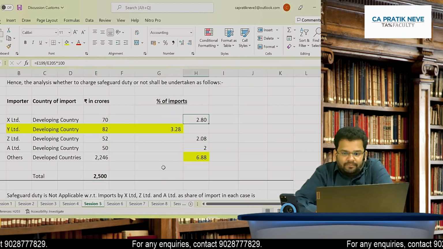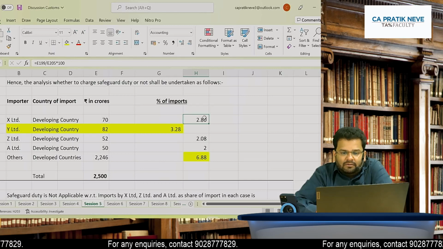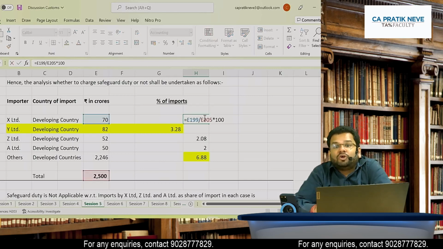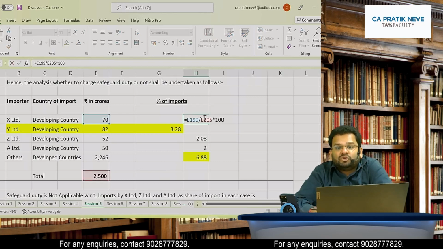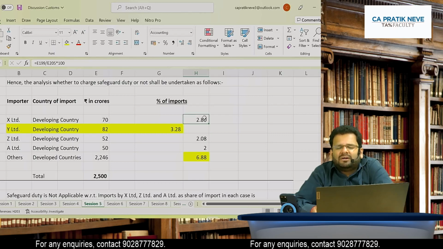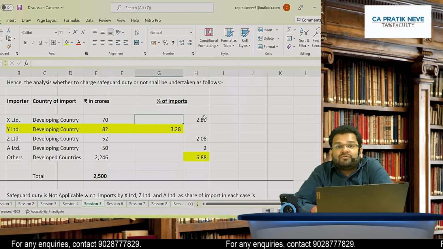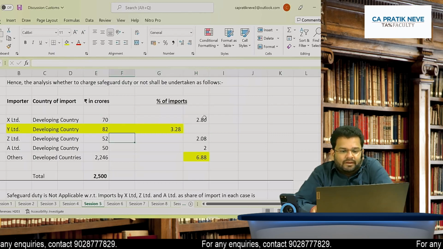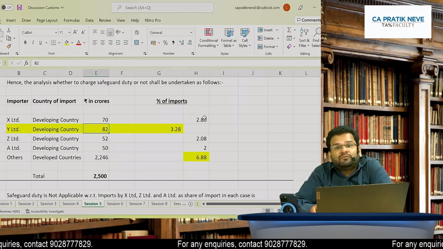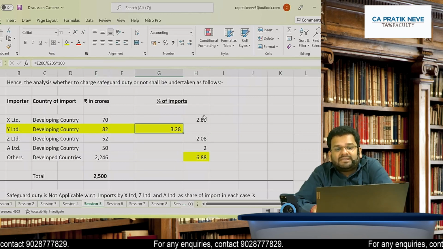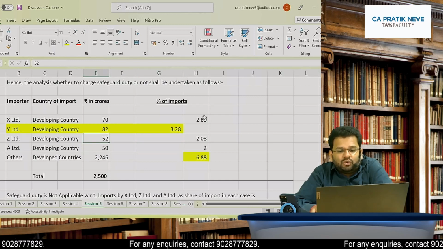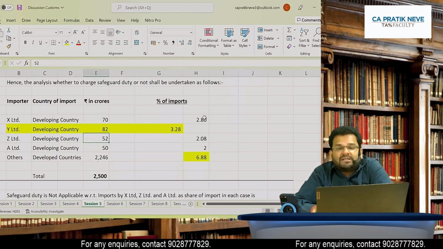Check. It is 2.8. So 2.8 means not exceeding 3. So don't charge anti-dumping duty. Don't charge safeguard duty. 82 you will have to charge because it is exceeding 3. 52 don't charge. 50 out of 2,500 don't charge.